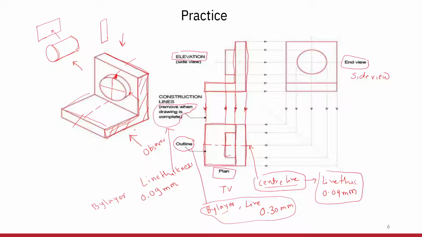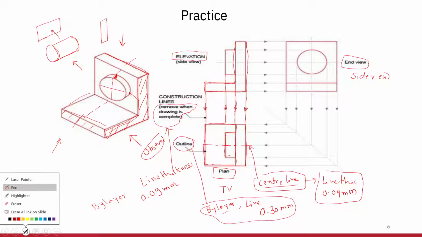Now if the observer's direction is given like this, the view that the observer is going to get is called the left hand side view. So in the left hand side view, in this direction the observer is going to get the side view.